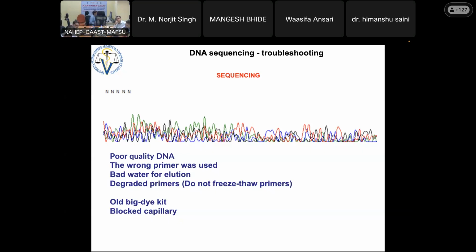This capillary is like a hair, hollow inside, and that inside is filled with only 2 microliters from this end to this end. So it is very easy to get clogged. So this capillary could be blocked.